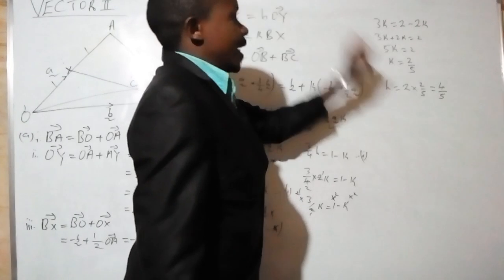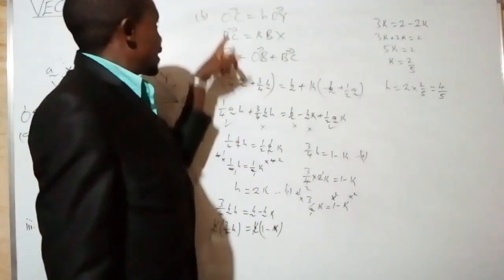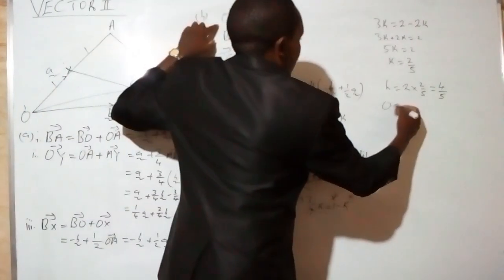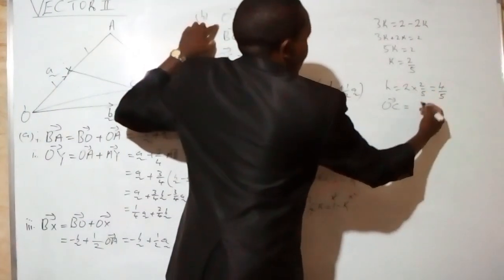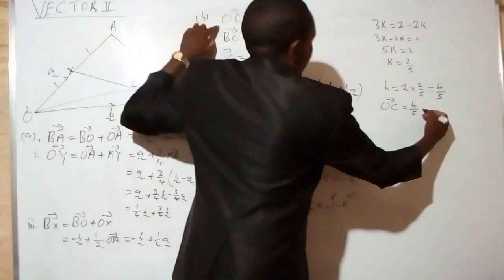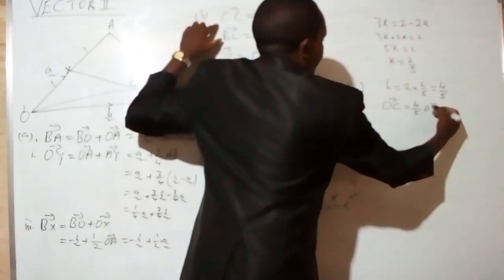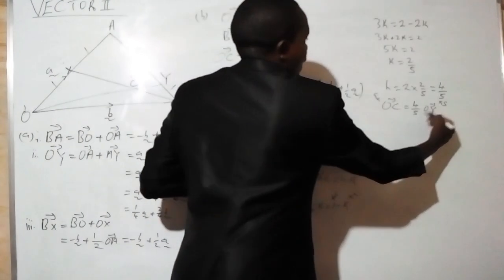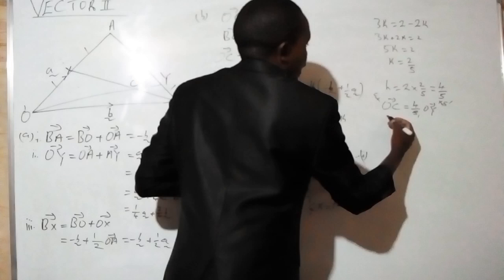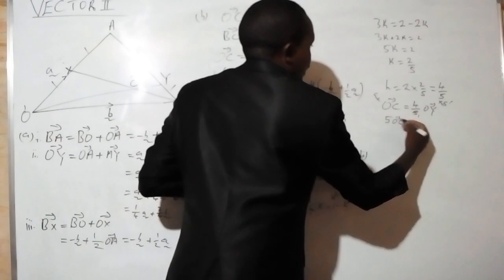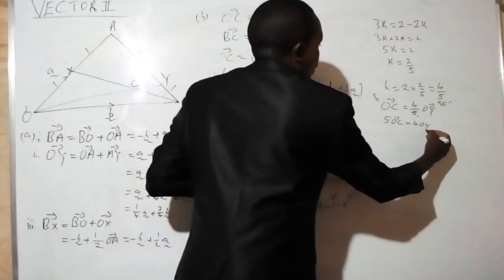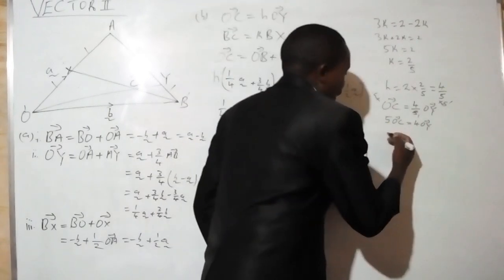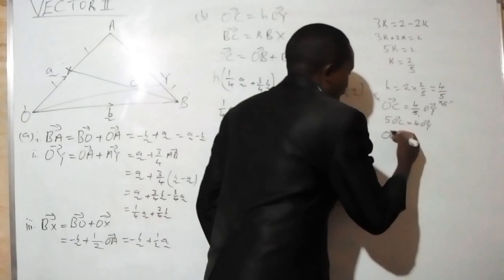Let's see whether it's making sense. You are going to come here and substitute. You say that OC is equal to H of OY. H is 4 over 5 OY. You can multiply by 5, so that 5 OC is equal to 4 OY, like that. In terms of ratio, OC is to OY.